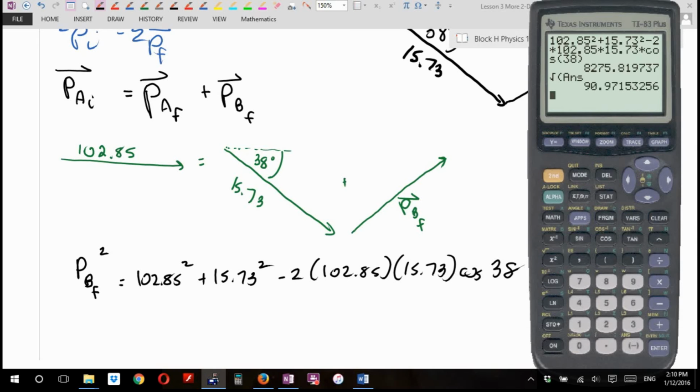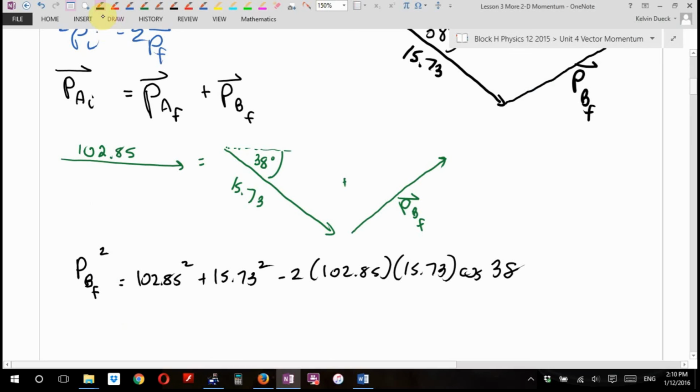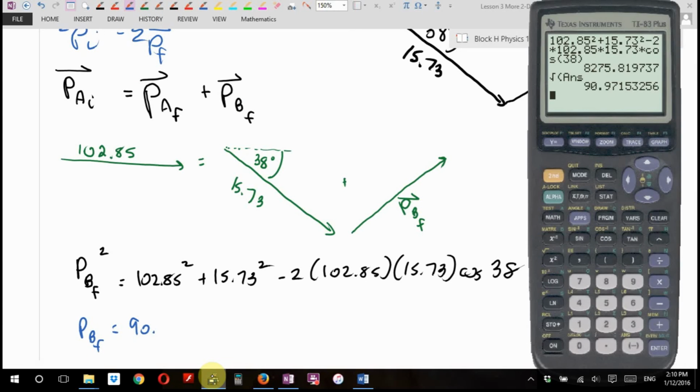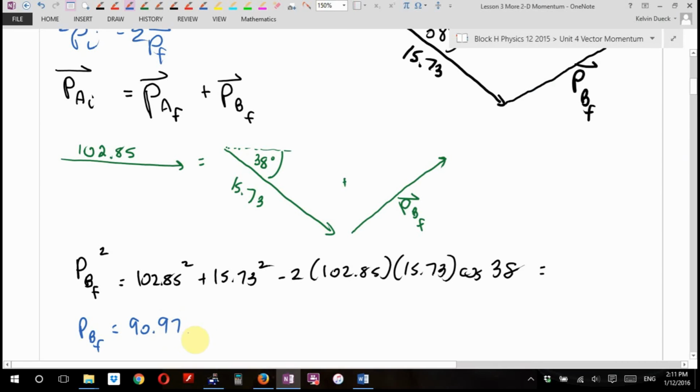Do you get the final momentum of object B is, oh, you know what? I'm not going to round off because I know I'm going to use this to find other stuff. So I'm going to go 90.97153. What did I say? 90.97153.